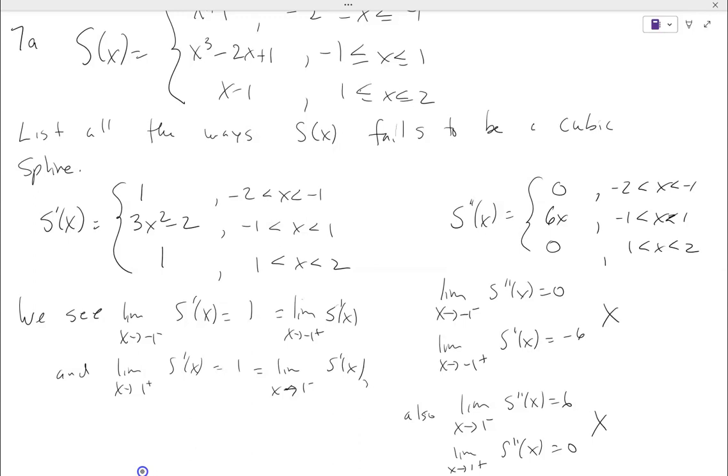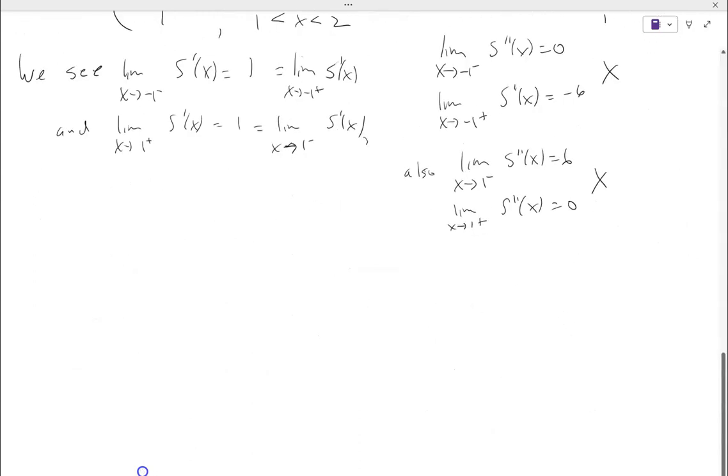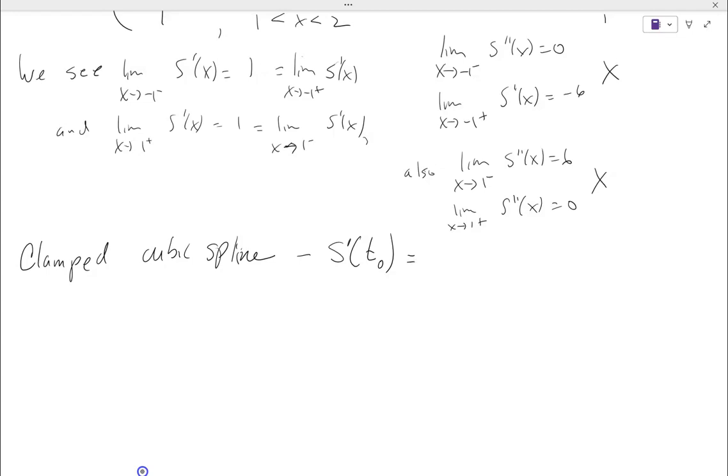If I can find this phrase in the text. So what we mean by a clamped cubic spline, well, by clamping, we mean that we're going to set what the slope has to be at the endpoints. Okay? So for clamping, if I use S again for the spline function, we're going to talk about the first derivative at the leftmost endpoint, which your book uses a T, so that's why I'm putting a T in here, is equal to some specific value.